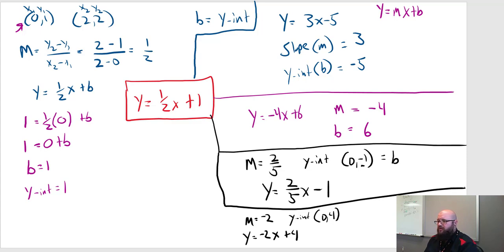Now the last thing I want to go over for today's little lesson is transforming equations into slope-intercept form, into that y equals mx plus b. So let's say you're given the equation 2x plus y equals 5, and asked to transform it into y equals mx plus b, because I want to know what my slope is and what my y-intercept is.